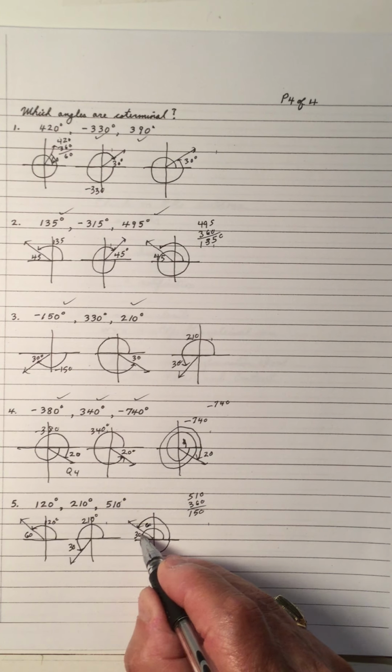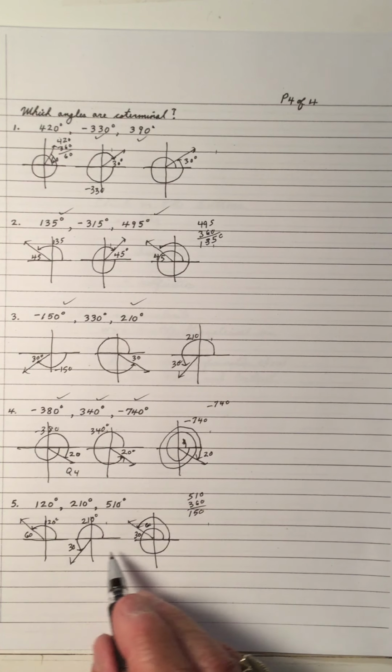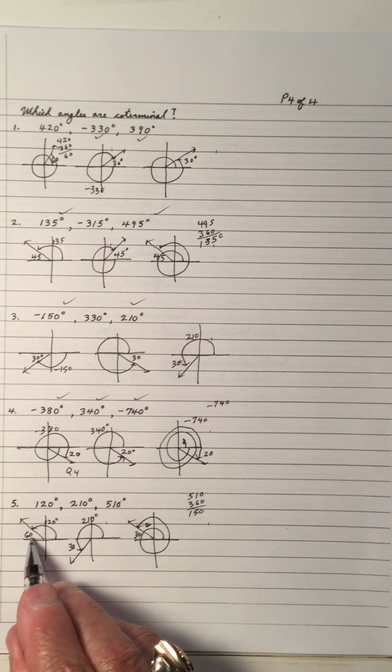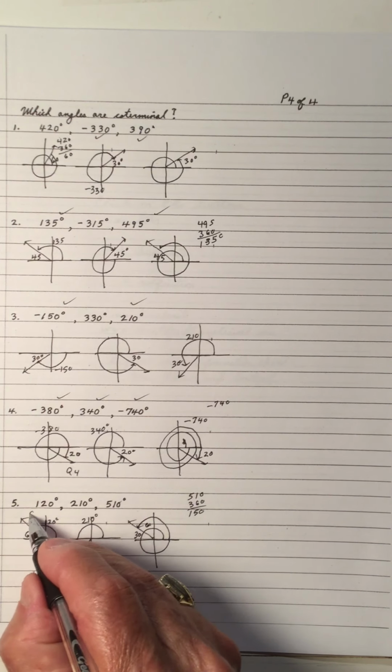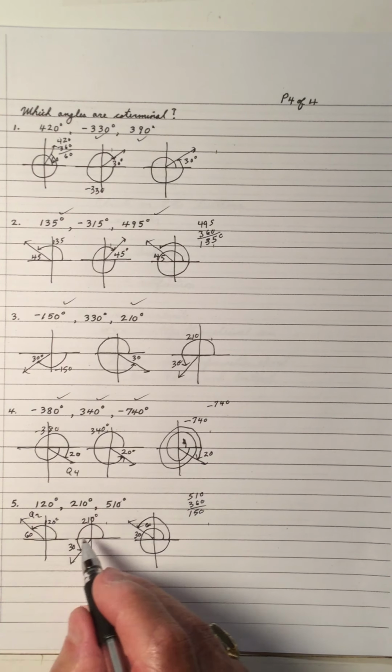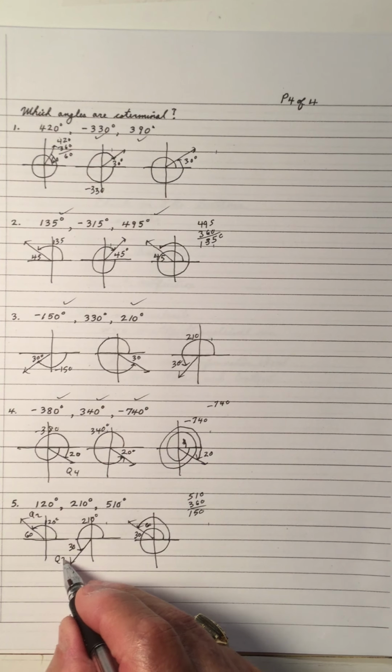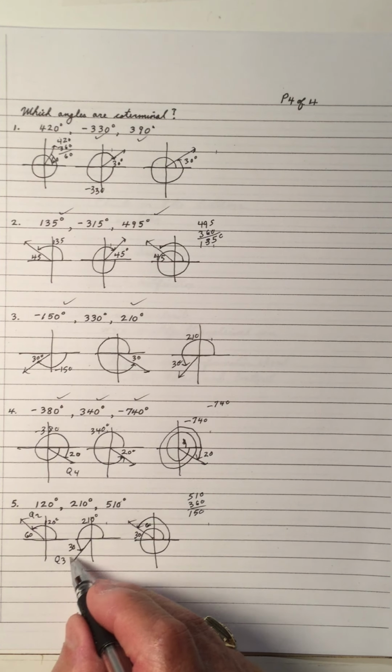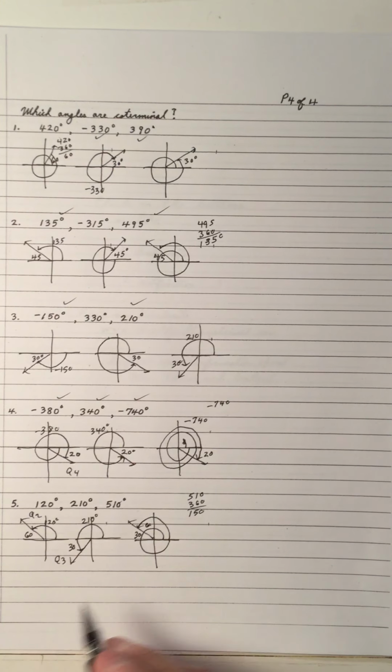So that's a 30. So that ends up in the second quadrant. That's quadrant 2, 60 reference. This ends up in the third quadrant with a reference of 30, but they're different quadrants, so they're not coterminal.